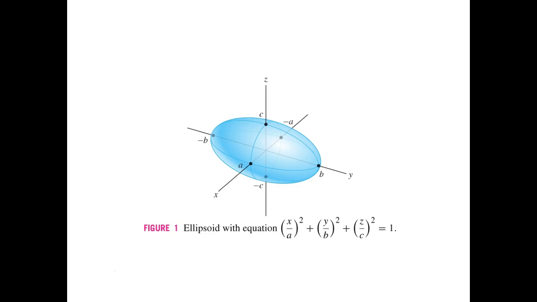You could have said x over a squared, plus y over b squared, is equal to 1. Put a third dimension in it, you got an ellipsoid. That's it. Now, notice when z is equal to 0, you're just in the xy plane, and then you have an ellipse. And there you have the ellipse in the xy plane.